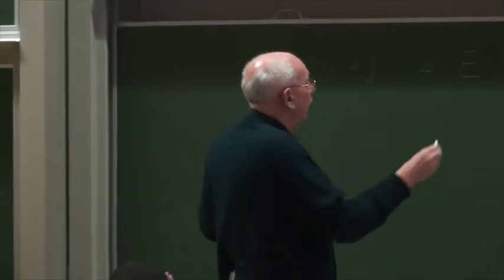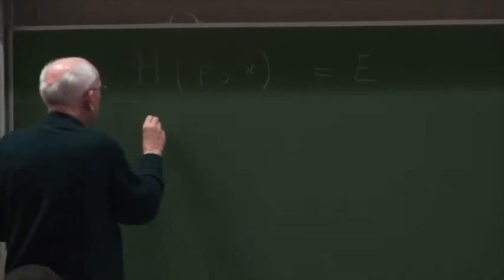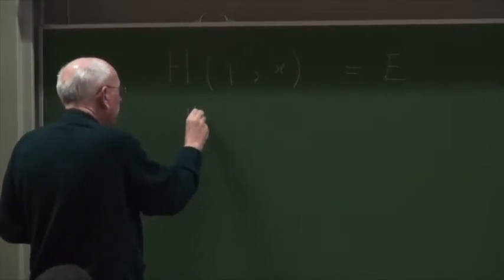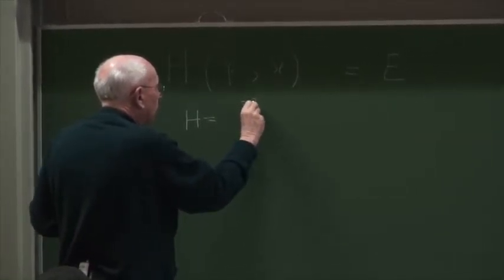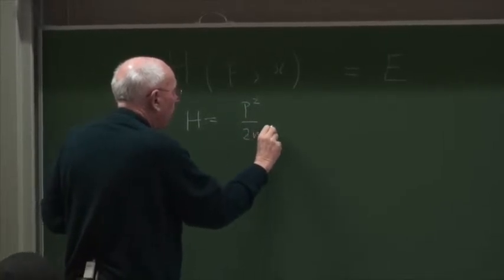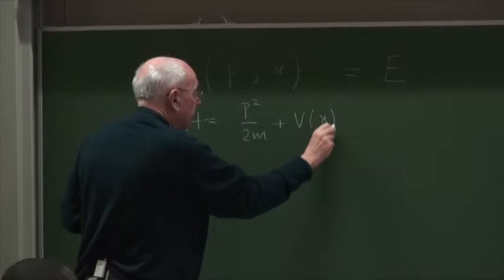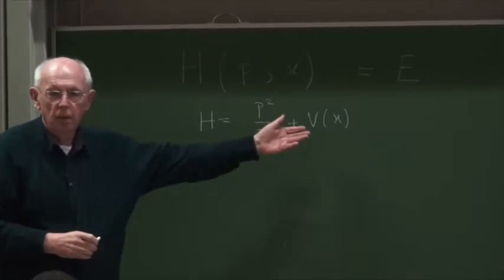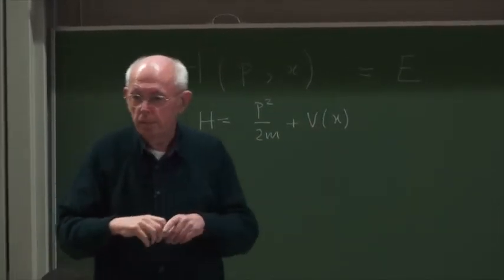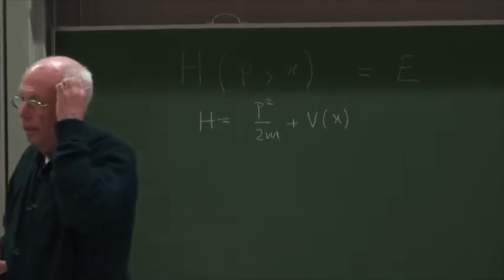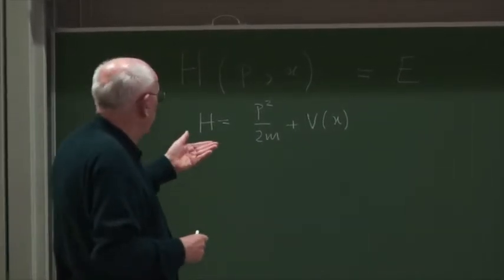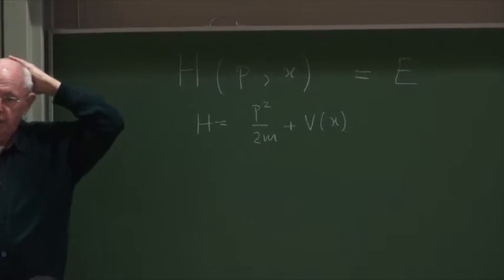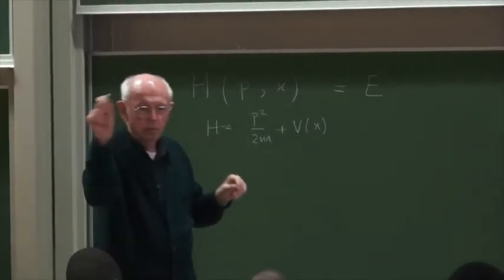And this function, for a specific p and x, in the cases which we have considered now, is this. This is the Hamiltonian function. It is p squared over 2m plus a potential v of x. Okay, and normally in physics, they will not start with Newton's equations.